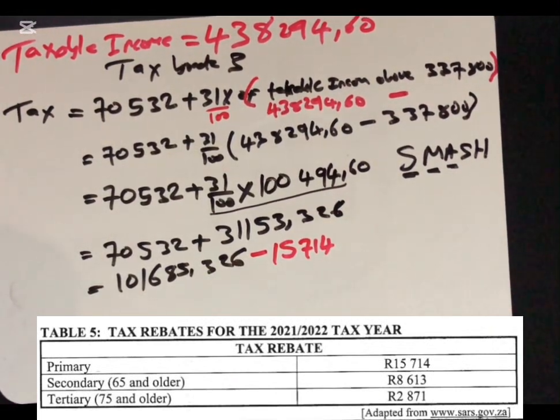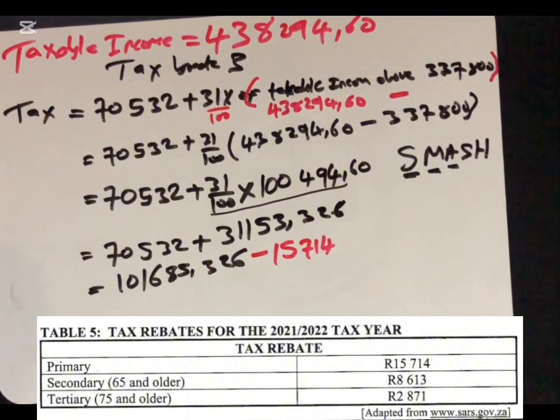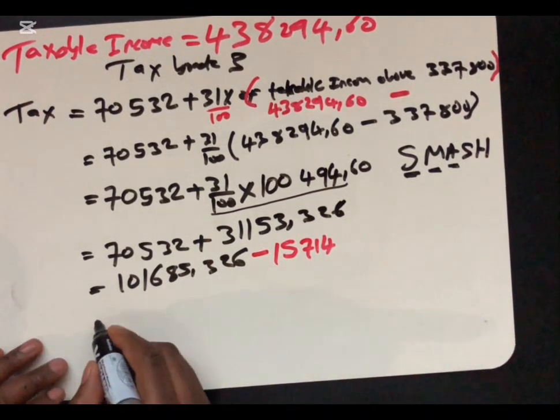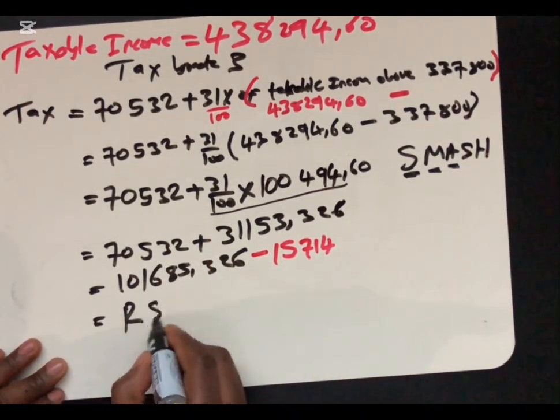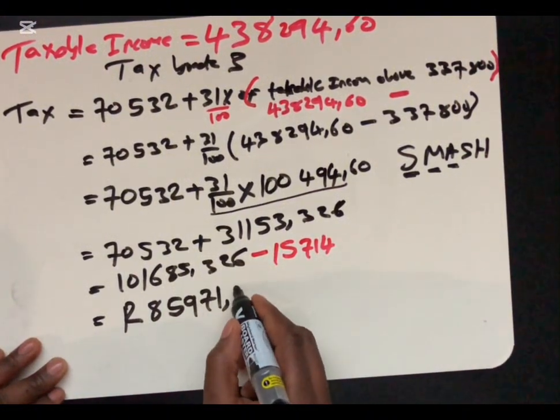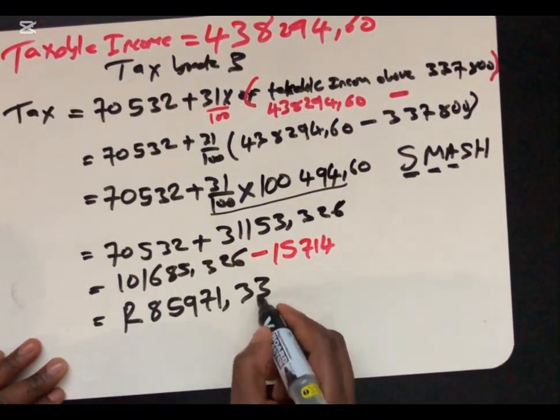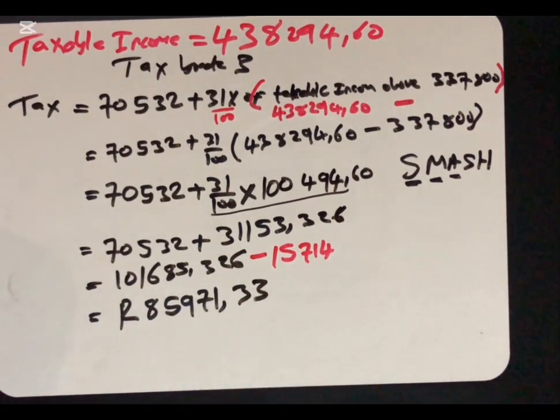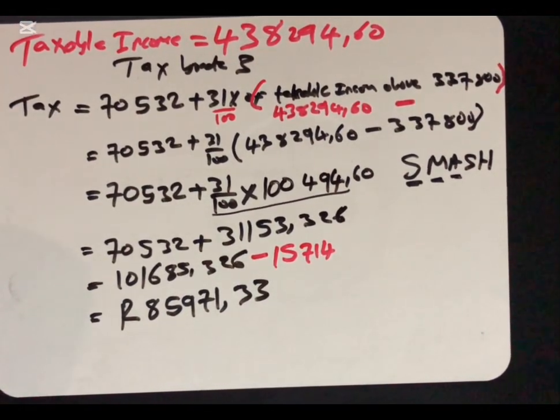Then we use a calculator and say minus 15,714. We found that this person is now going to pay 85,971.33. This is the amount this person is going to pay.